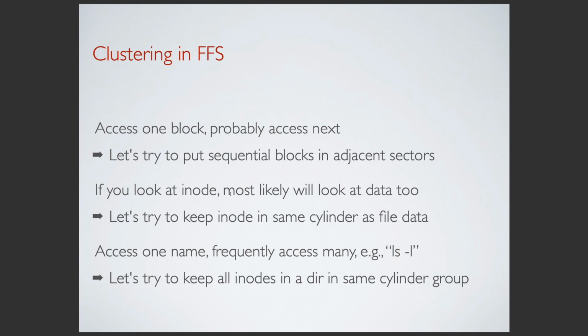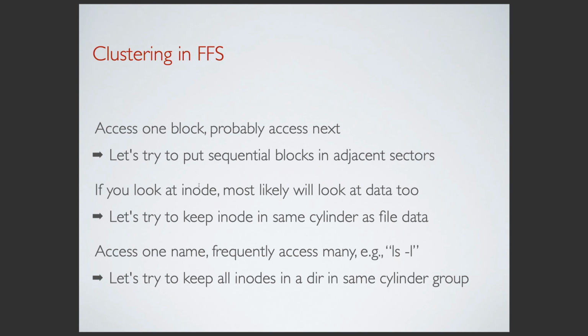Again, the idea here is the following. If you access one block, for example because you are reading a file, most likely you're going to access the next block. So it would be great if those blocks are part of the same group, adjacent sectors or on the same cylinder. If you read an inode, most likely you're going to look at the data of this inode.